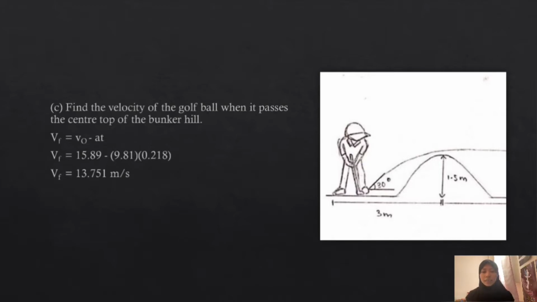We can use the formula v final equals v initial minus at. The values for v initial and t have been calculated before, so we just insert them into the formula, and the final velocity we will get is 13.751 meters per second.